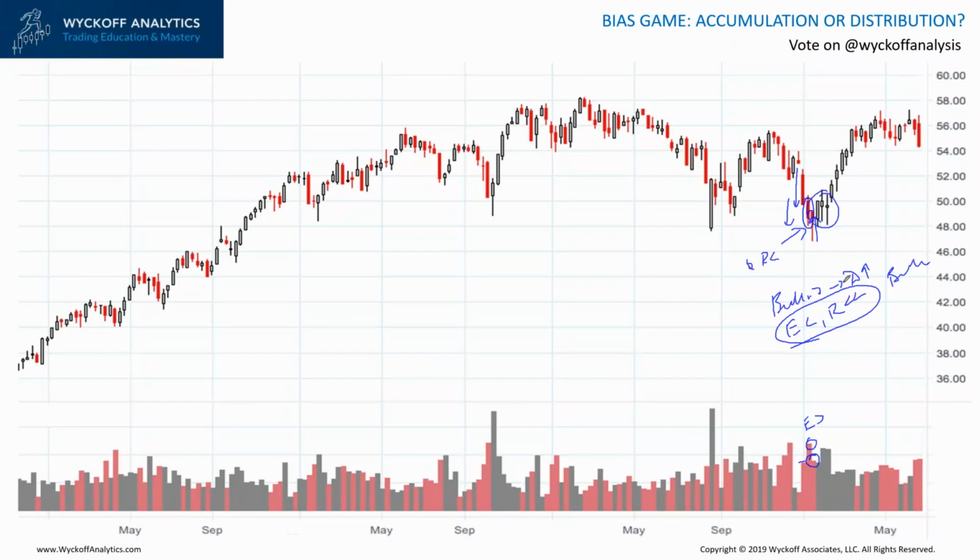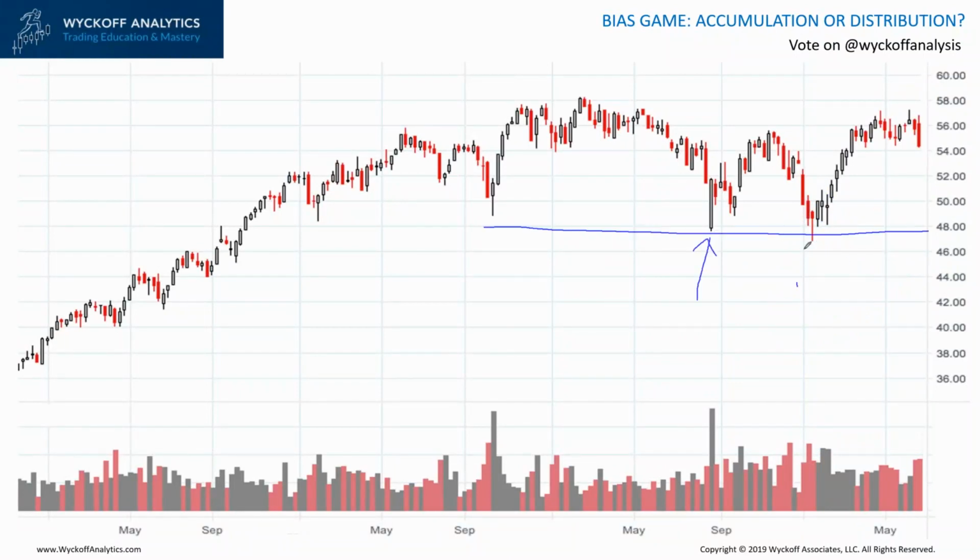And then these three bars are showing us that supply is coming in on both of these bars, and yet every time we recover back. So bullish suggests a rally, and right here, just because of how these two tests have happened, we're still in the reaccumulation bias.